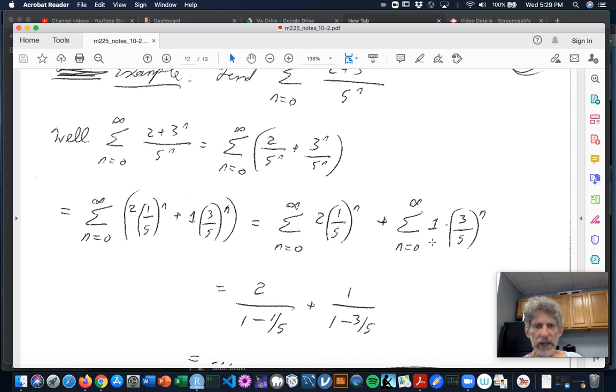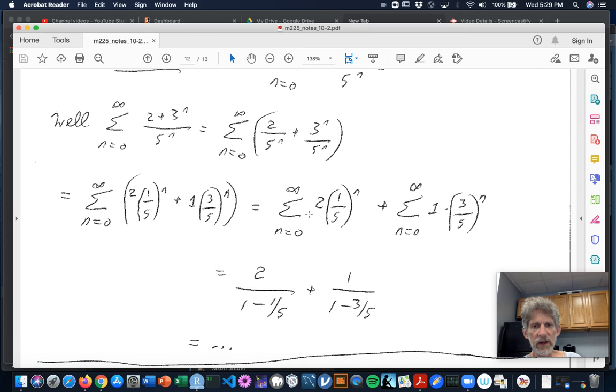That is a little shaky, but there's actually a math theorem that says that if this and this both converge, then that's okay, you can do that. So let's check. Does this converge? Does this converge? Oh yeah, they do. They're both geometric series, and the ratios are between -1 and 1. This one converges to this, and this one converges to this.